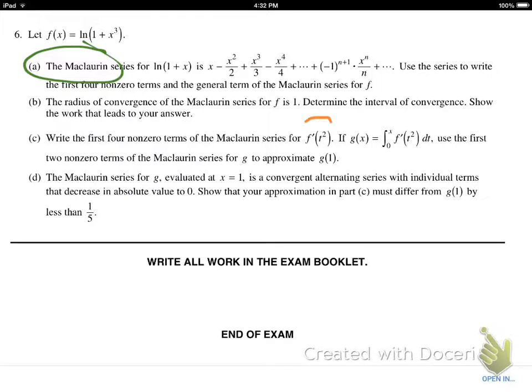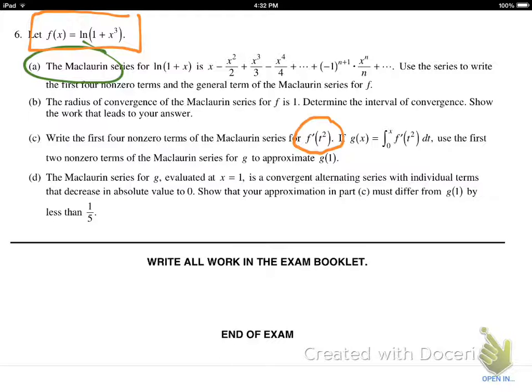Alright, so we need to break down the function that we're asked about first into 2 different steps. We need f prime of x, and then we need f prime of t squared, and that's how you want to break this down and think about it. So first, we have our function f, which we already generated the series for: f of x equals the natural log of that quantity 1 plus x cubed.